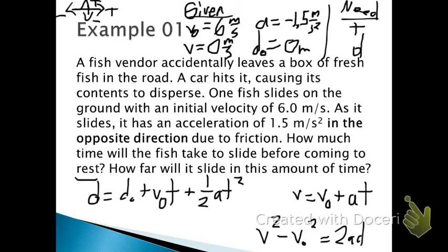So I'm not going to hop to that one first, because there are 2 unknowns in it. My velocity equation might be useful, because the only unknown is time, and my combo equation might be useful, because the only unknown is distance. So I can use either one of those. Let's start by finding how much time it will take the fish to come to rest, and then we'll move on to how far it slides.